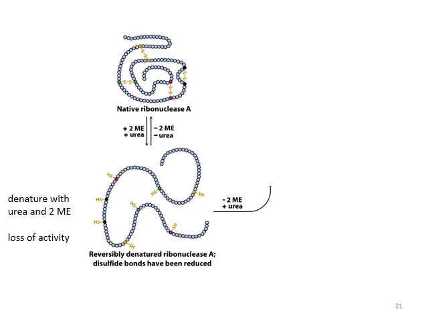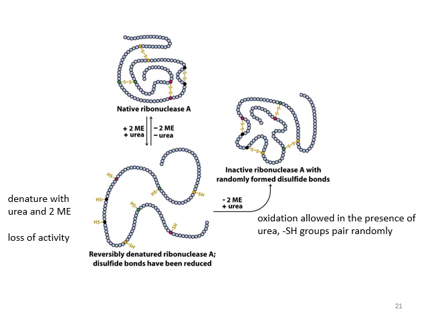Now, if you remove the mercaptoethanol but leave the urea, you'd have oxidation in the presence of urea. So the sulfhydryl groups could pair randomly, but there'd be no hydrogen bonding. And this led to inactive ribonuclease A with randomly formed disulfide bonds, and so wasn't able to have its enzymatic activity.